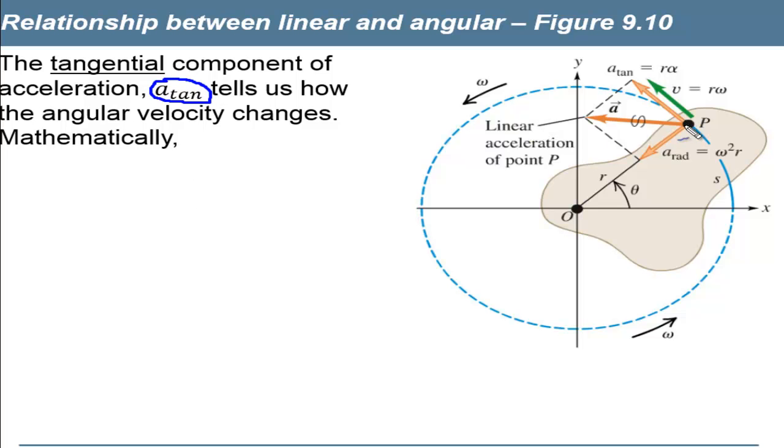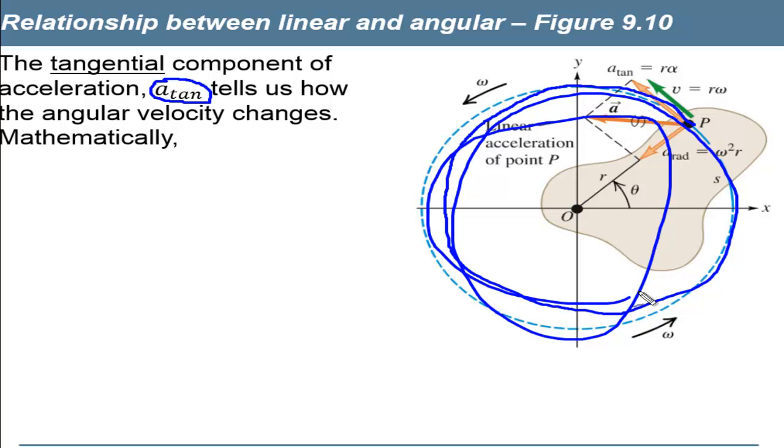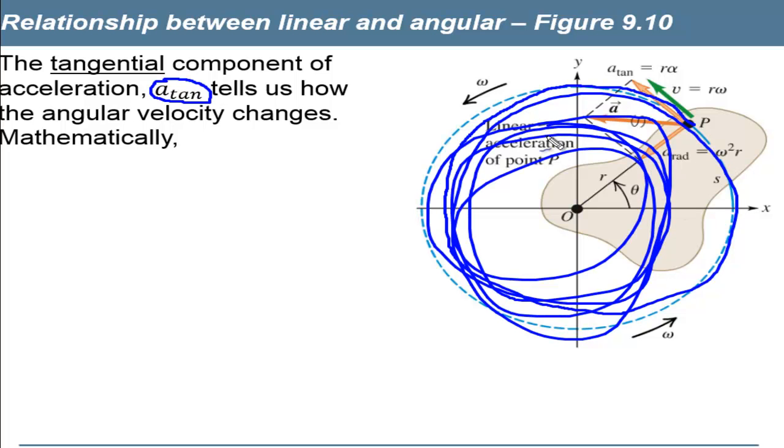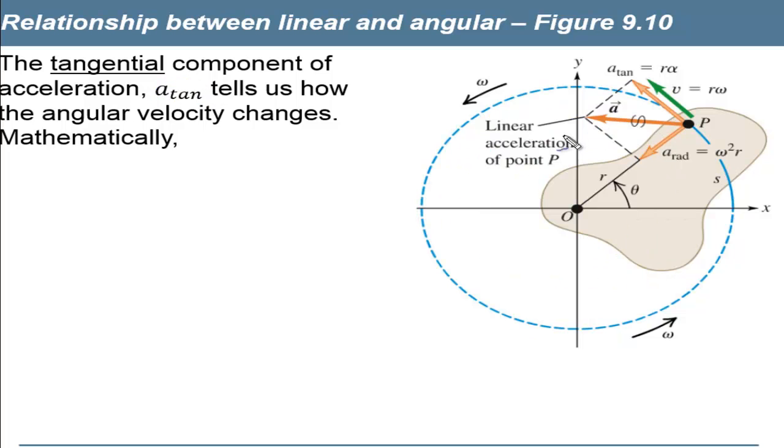We focused on the radial component in chapter 6, and it was always directed towards the center. But now we're going to deal with motion in which we can actually increase how quickly it goes around. So it's going around at first, and then if I accelerate it tangentially, it's going to go faster and faster, right? So that would be a tangential acceleration causing a change in speed.